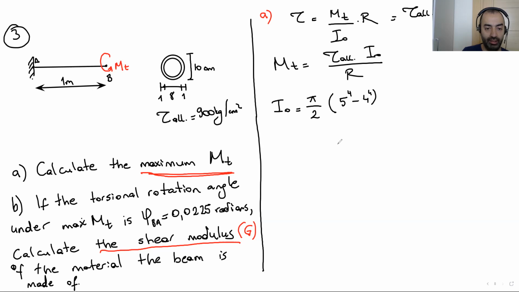Okay. This gives us I0. If you make this calculation, you are going to see this one. We have I0 now. Let's write these in the equation above, MT equation. MT here, the allowable, 900. I0 is this. R is here 5.